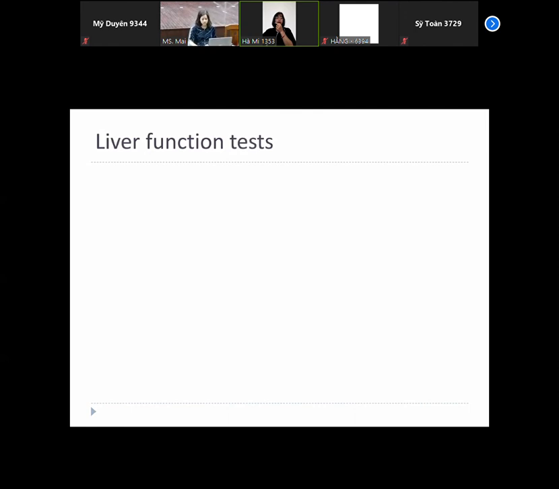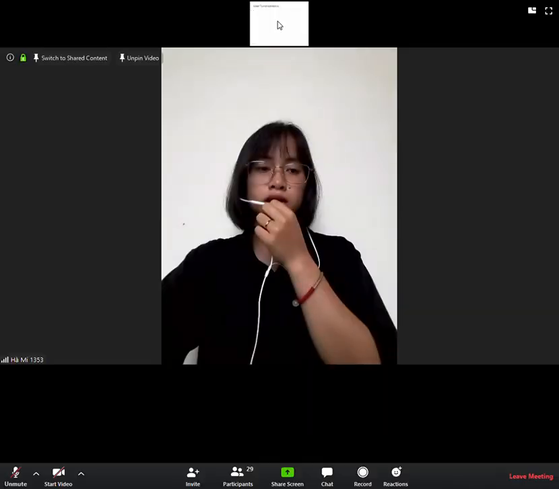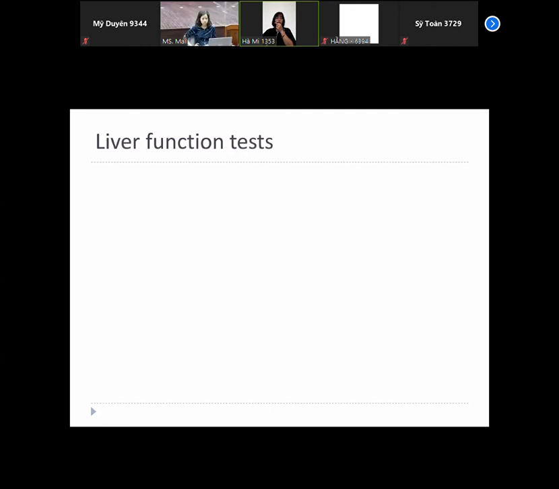But you must remember one thing. Abnormal liver function test results don't always indicate liver disease. Liver function tests can be used to screen for liver infections such as hepatitis, or monitor the progression of a disease such as viral or alcoholic hepatitis, and determine how well a treatment is working.